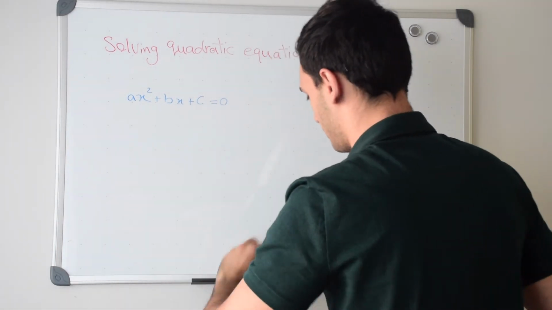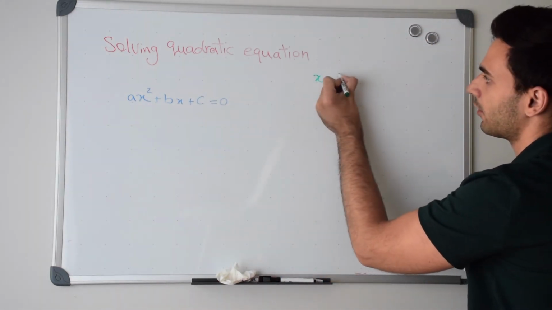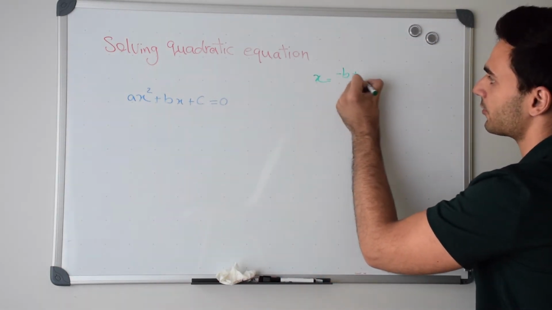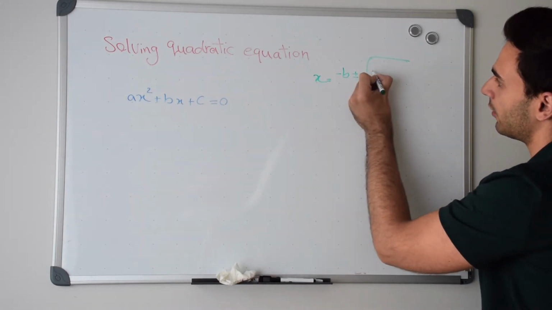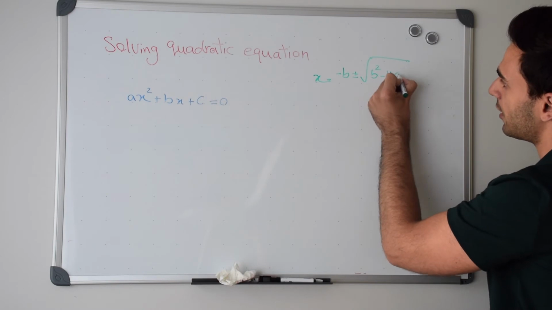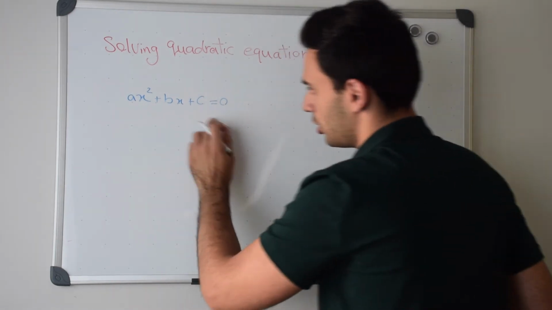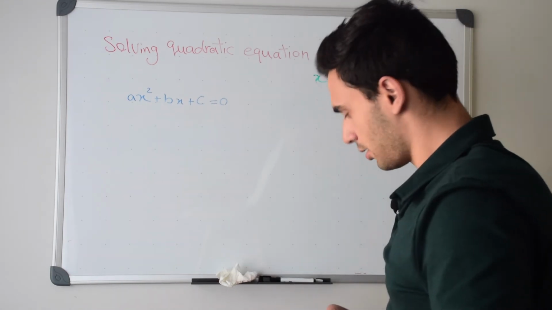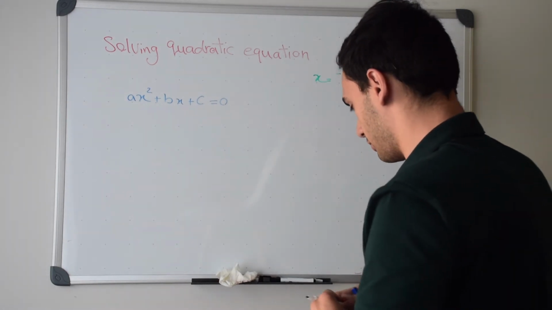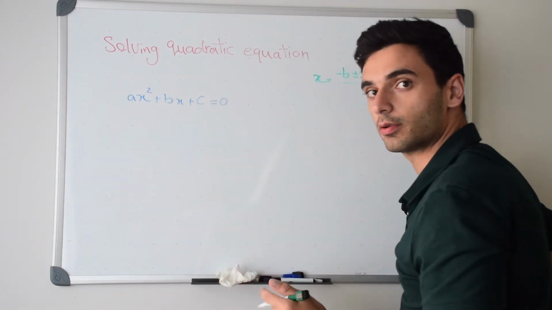So I'm going to write this one here: minus b plus or minus the square root of b squared minus 4ac, divided by 2a. Okay. So let's imagine that I want to complete the square for this equation.